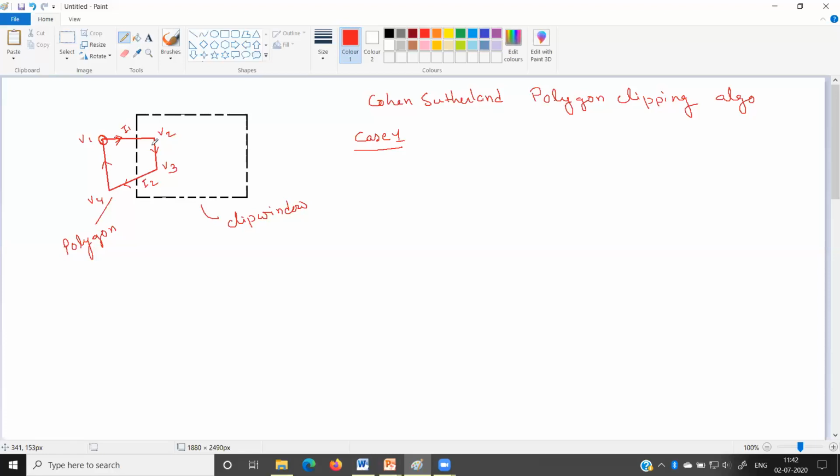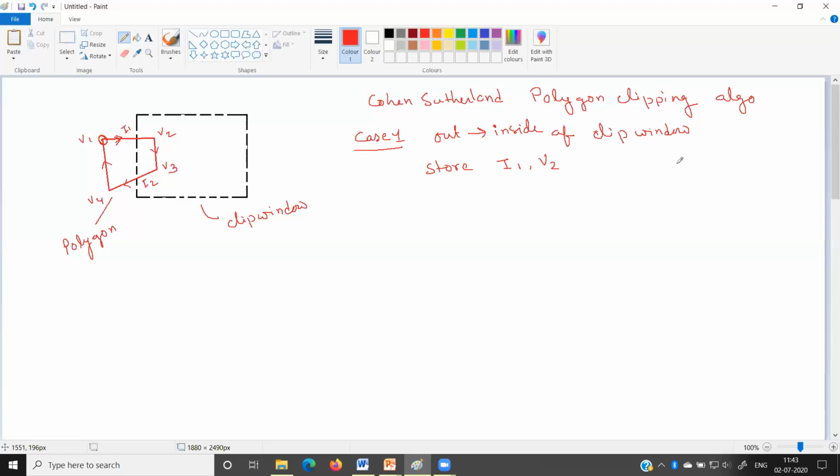So in case 1, while you are traversing the polygon, if you are moving from outside to inside, in that case you have to store. If your movement is in this direction, inside of clip window, what you have to do is store the intersection point I1, along with the other point which is inside the clip window, that is V2.